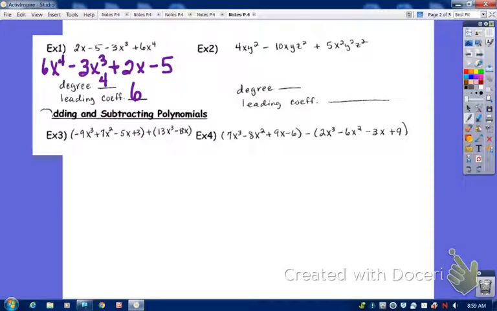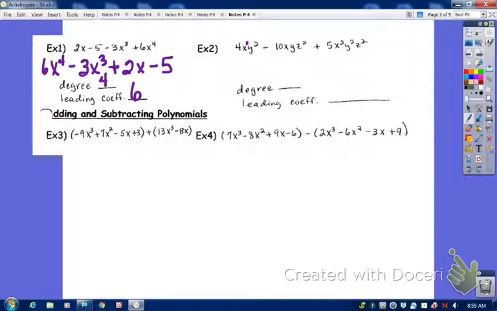Alright, I chose example 2 to show you what happens when each term has more than one variable. This one is pretty hard to put in standard form, and I probably won't ask you to put example 2 in standard form, but let me remind you that if a term has more than one variable, you take the first term and you look at all the exponents.